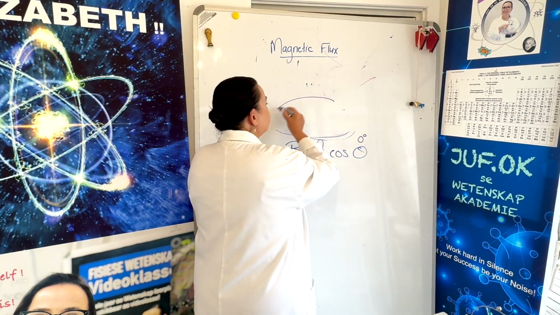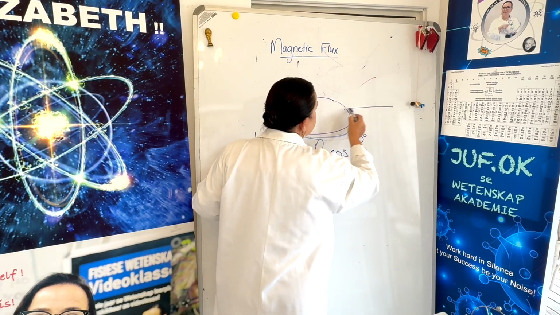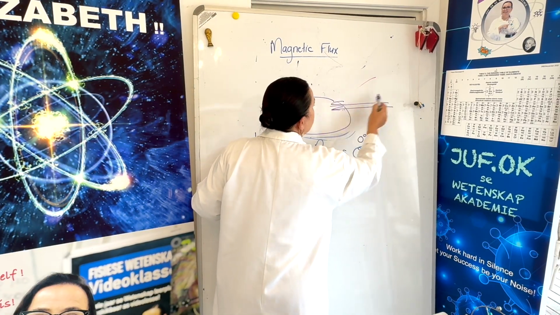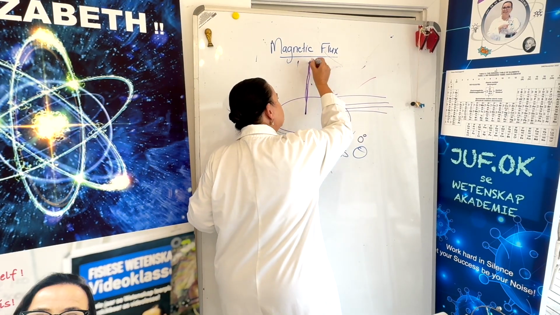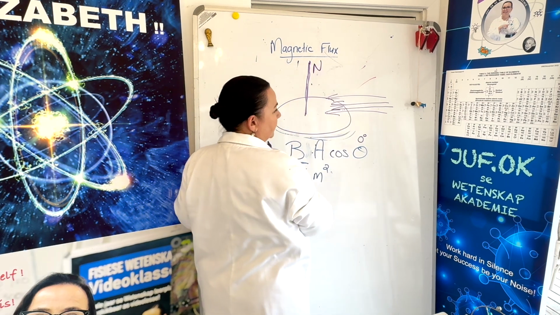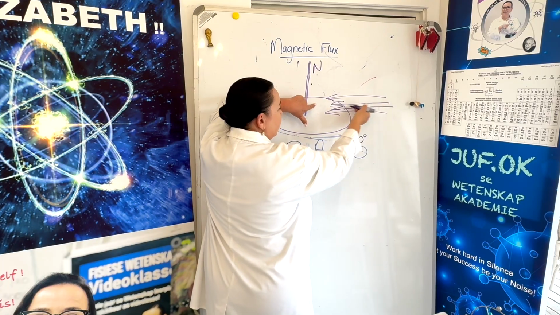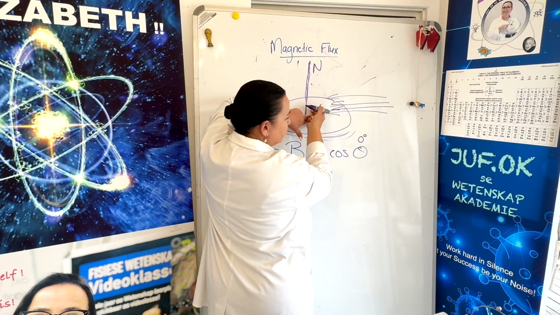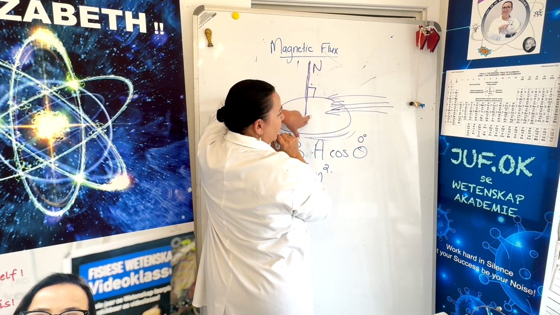So let's come back to that. Let's say this is again my area. Now my field lines are going to go across like this. But here is my normal line. So now I'm going to say the angle between the direction of my magnetic field and the normal is 90 degrees.